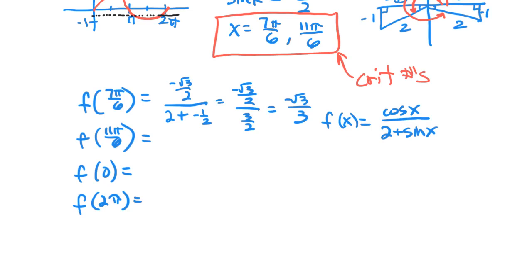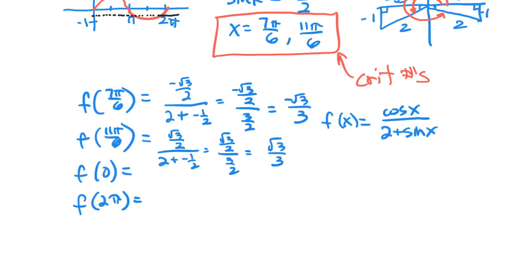So we get positive square root of 3 over 2 on top, and on the bottom again 2 plus negative 1/2. We still get square root of 3 over 2 divided by 3/2, or in this case, positive square root of 3 over 3.